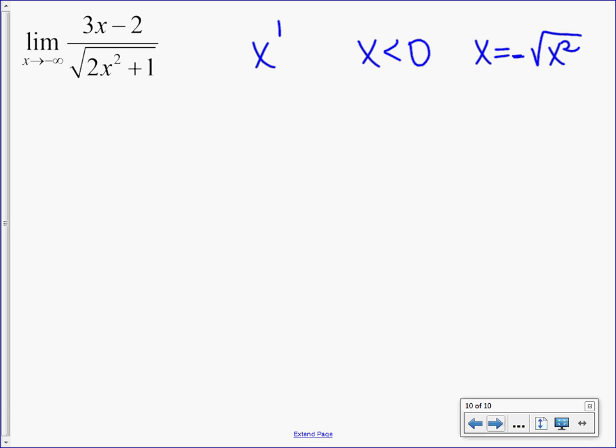And so we would need to write that, correct? If x is negative, I would have to negate my square root of x squared, because that square root of x squared is always going to be positive, no matter what. So how is this going to affect our limit?